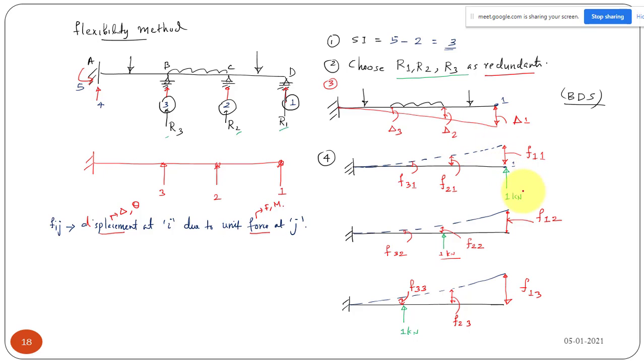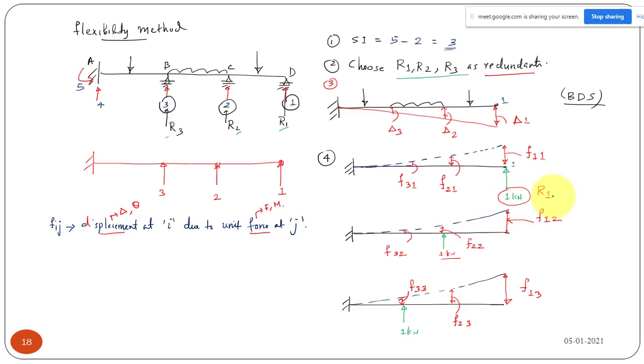Let us take this one. If a unit force is acting, suppose R1 is acting, then what is the value of this deflection? Tell me in terms of the coefficient F11. For 1 kilonewton, the deflection at coordinate 1 is F11.